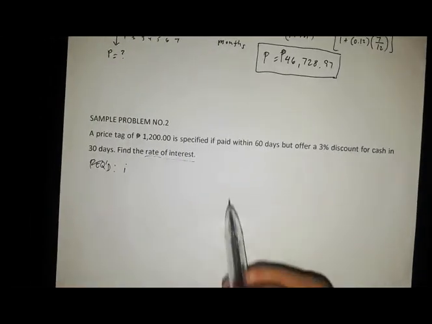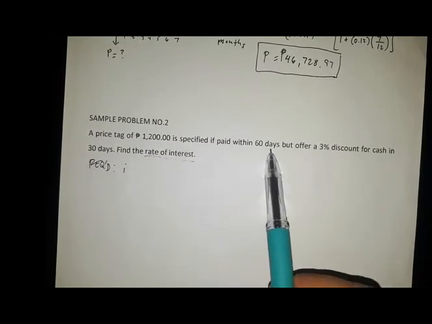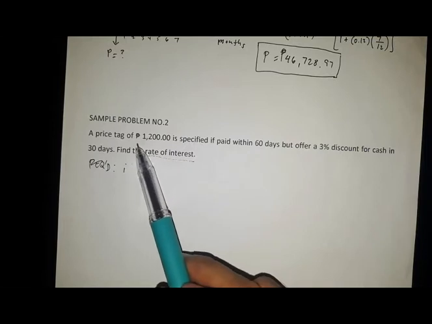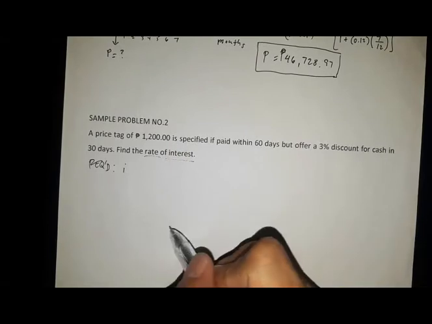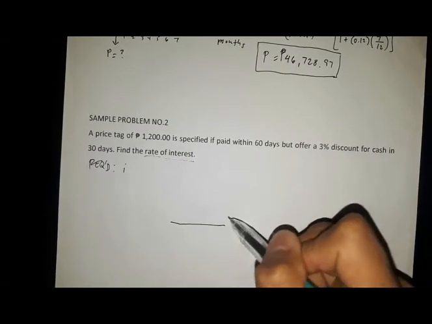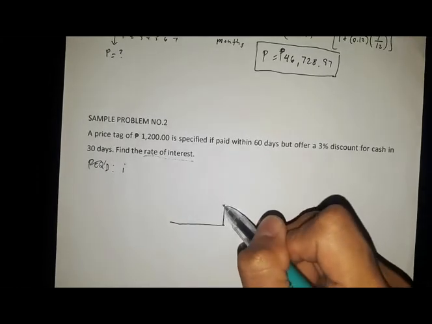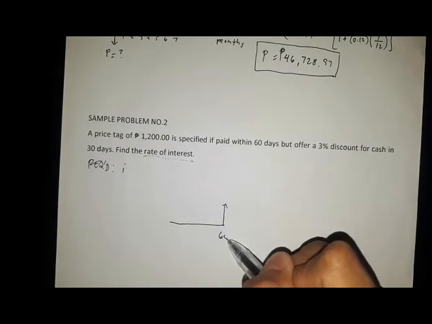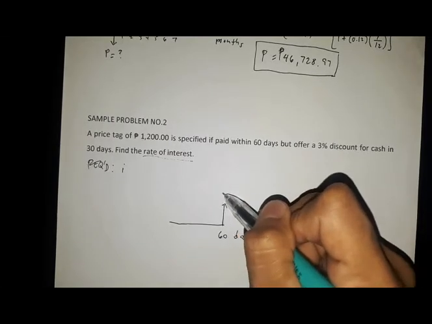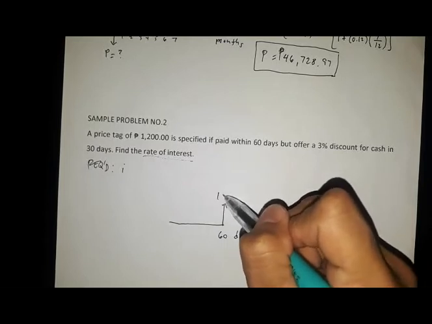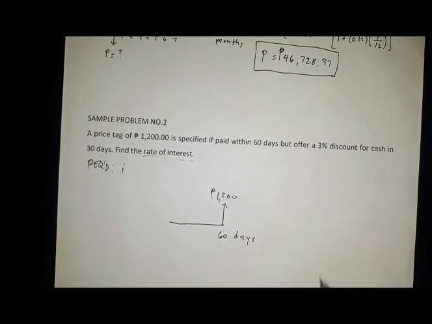It is said that if paid within 60 days, the price is worth 1,200 pesos. So now let's create the cash flow diagram. So this is 60 days, so the price is 1,200 pesos.